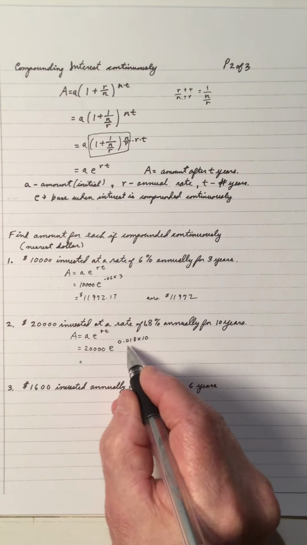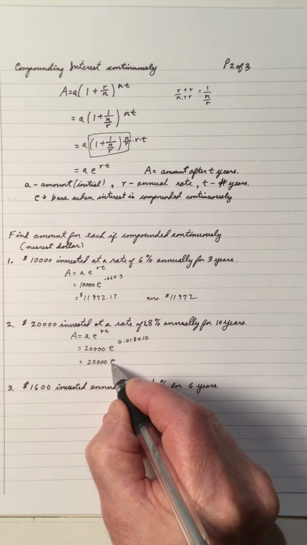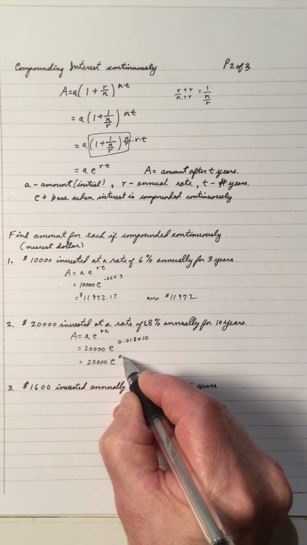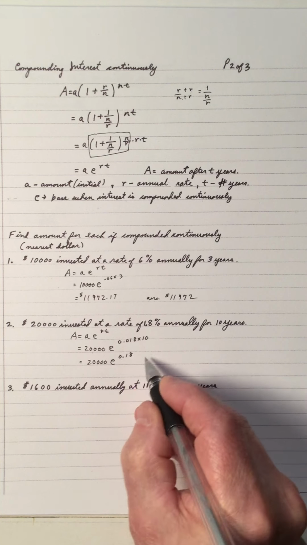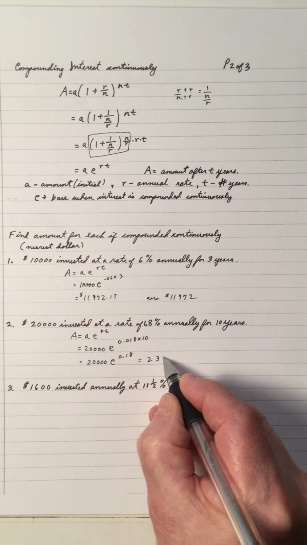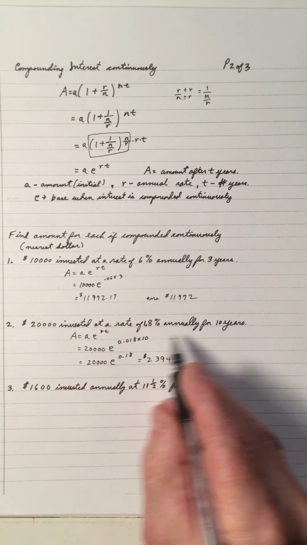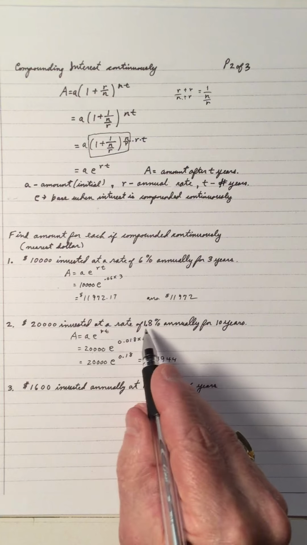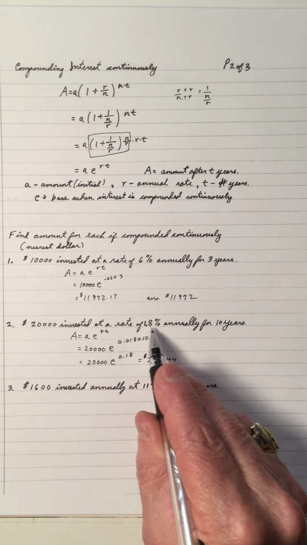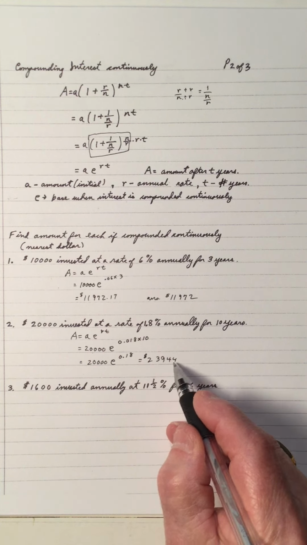So if you change that to 20,000 e raised to 10 times that, which is 0.18, sub that in your calculator and you'll get 23,944. That's how much you'll have in your bank account if you have this interest annually for 10 years. So you made $3,944.